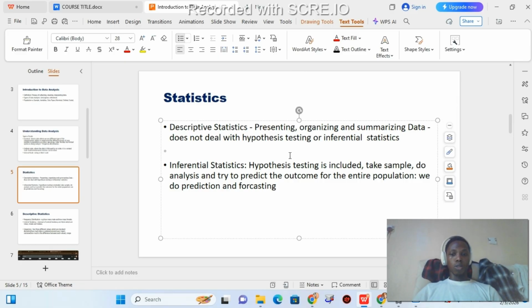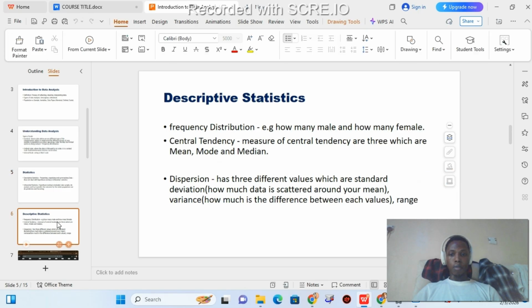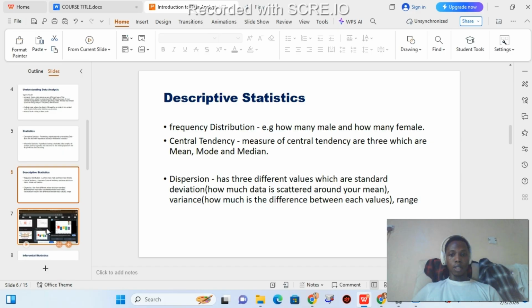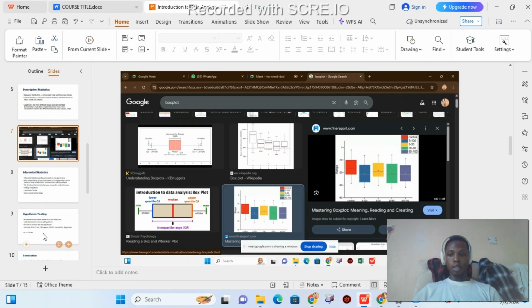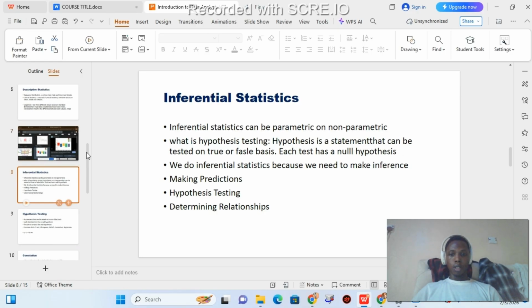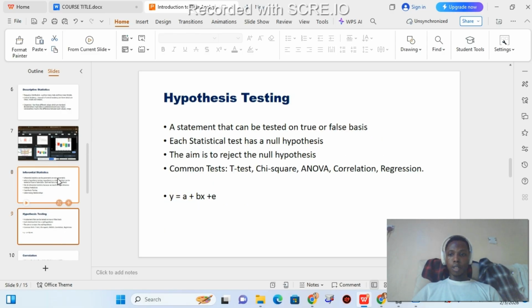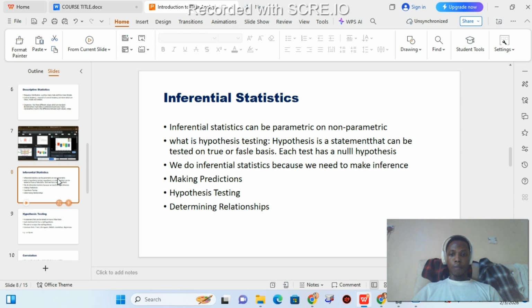So, what are some methods of inferential analysis? We have different types of inferential tests. We have the correlation.